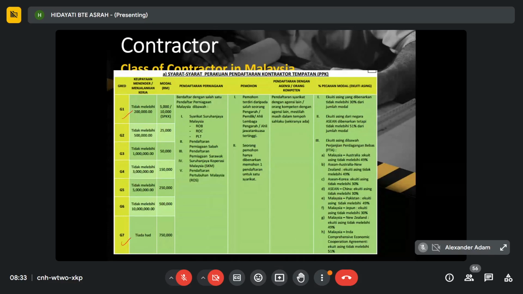If you have a capital budget of not more than 500,000, then that is classified under G2. Not more than 1 million is under G3. If 3 million, G4; 5 million, G5; 10 million, G6; and G7 is unlimited.